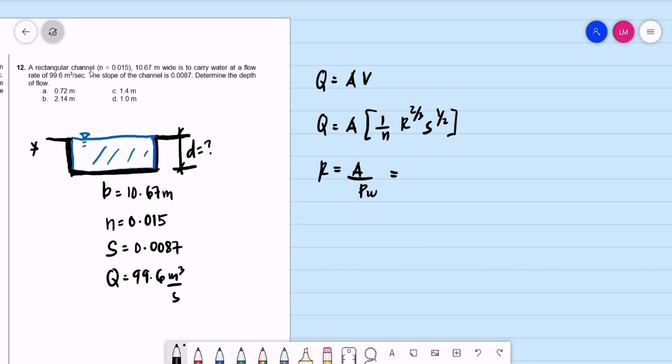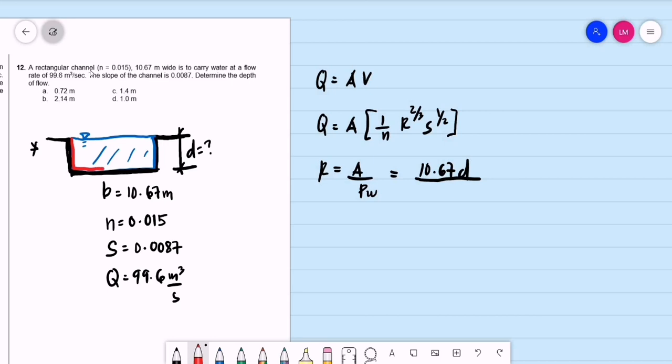So for a rectangular section, what is the area? That is basically B times D, base width times the depth. So we have a base width of 10.67 multiplied by the depth of flow. This is divided by the wetted perimeter, which is the contact surface of water and the channel.